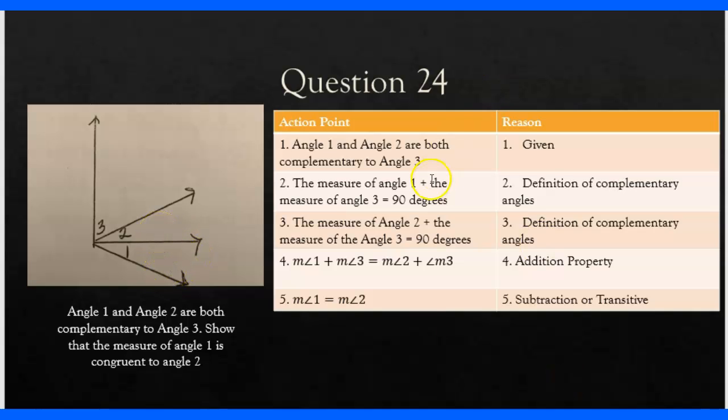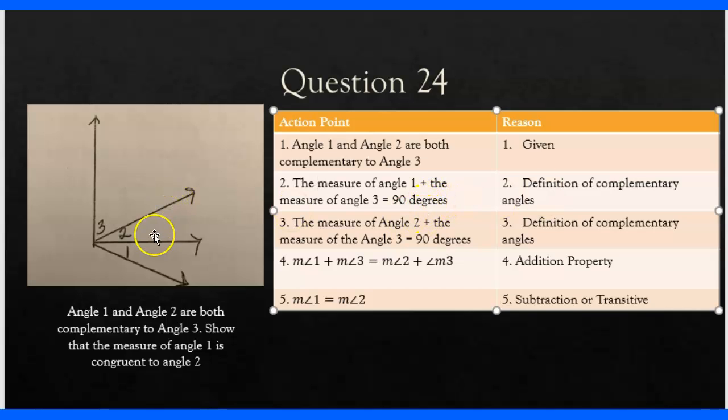All right, number 1. Angle 1 and angle 2 are both complementary to angle 3. That was given. Now, we're going to deduce that the measure of angle 1 plus the measure of angle 3 is 90 degrees. Definition of complementary angles. So we can go ahead and start putting numbers on this, 90 degrees.